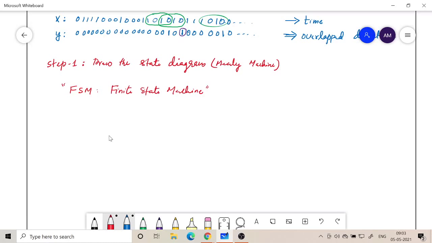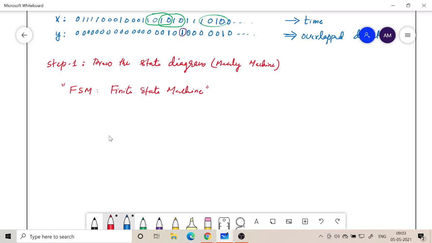If at all we need to detect the 4-bit sequence 1010, the first bit we should get is 1, followed by a 0, followed by a 1, and then another 0. But suppose it is only a stream of 0 that is coming, we have not made any progress.